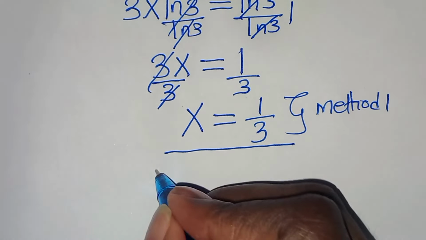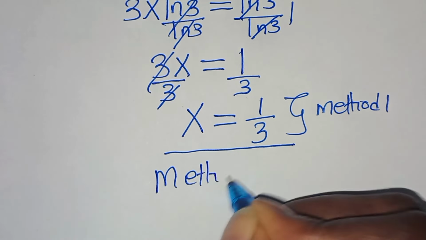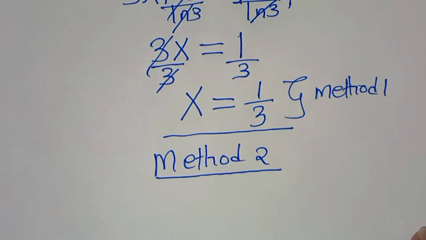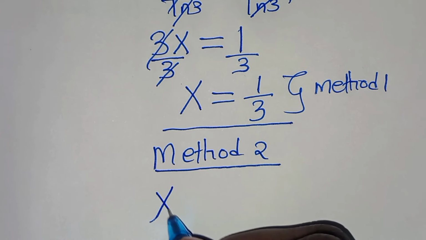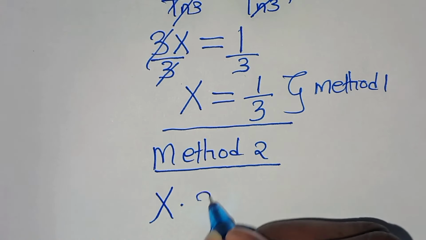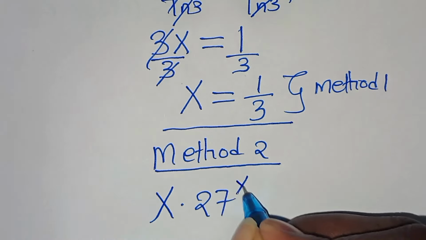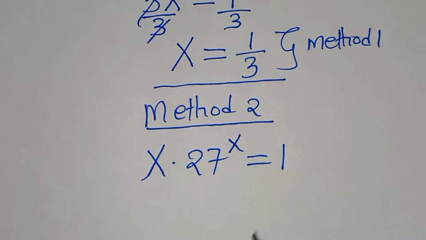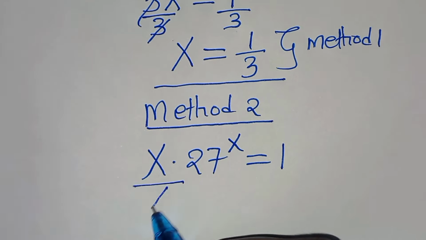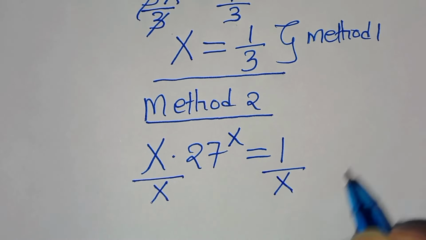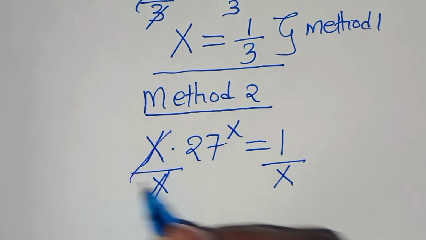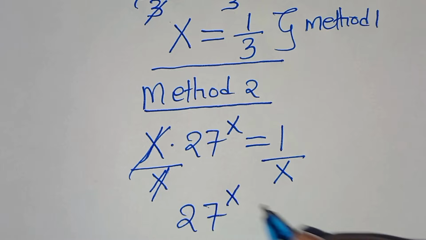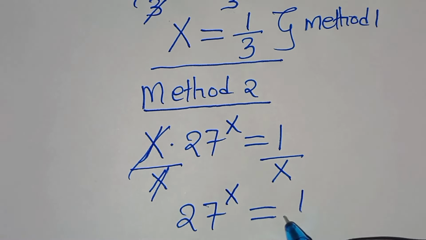Let's apply method 2. If you recall, we have x multiplied by 27 to the power of x, equal to 1. The first step is to divide both sides by x, so that x and x simplify, and we have 27 raised to the power of x equal to 1 over x.